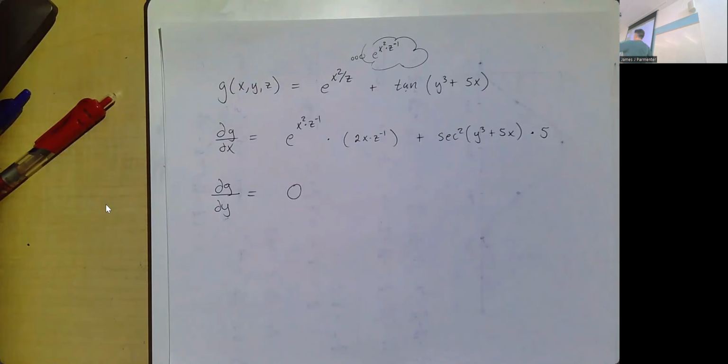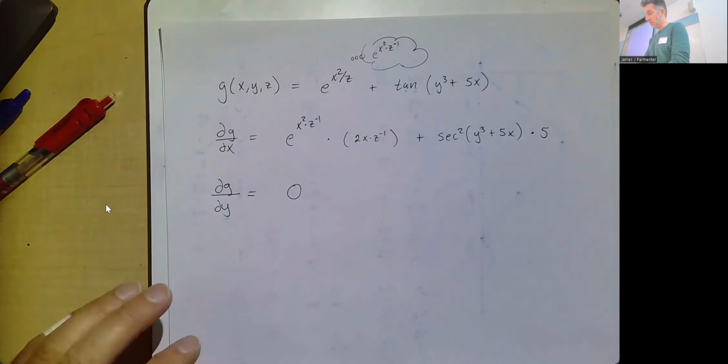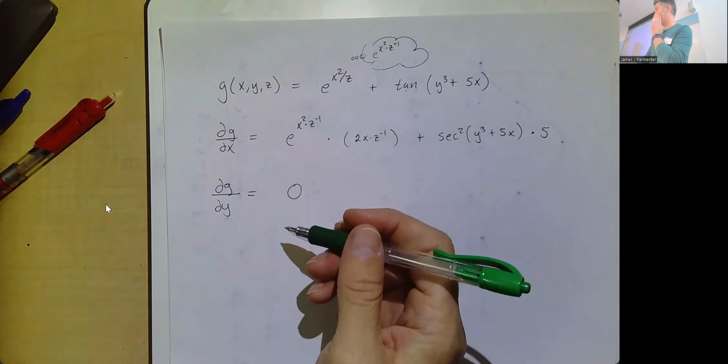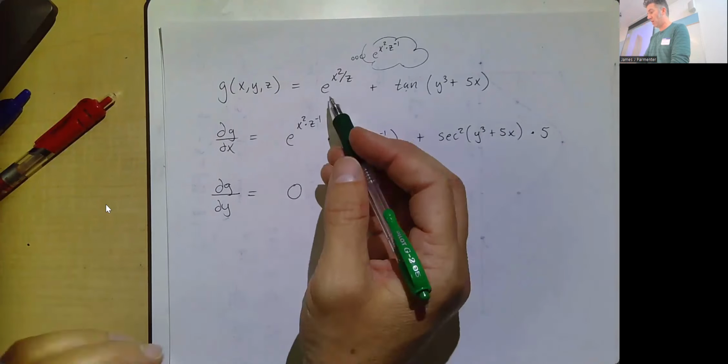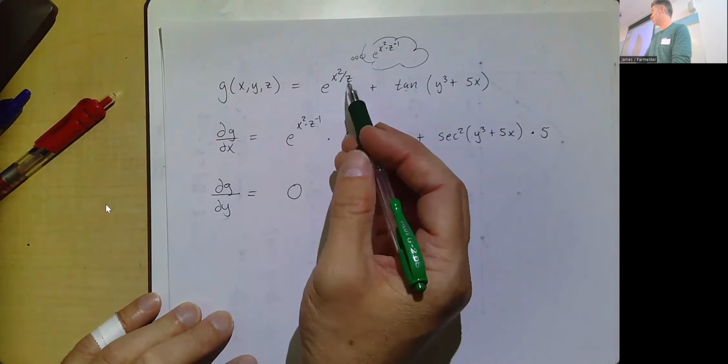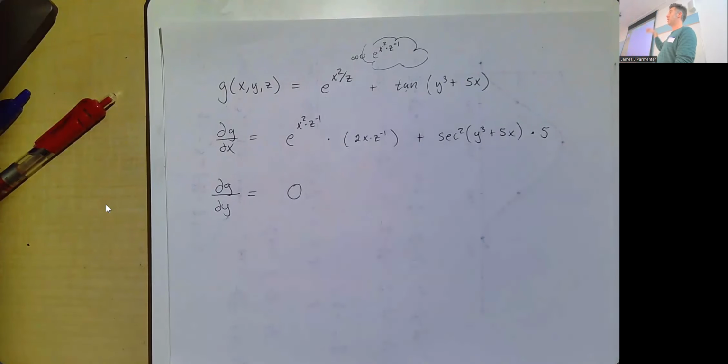Only y is increasing. Nothing else is changing, so e to the x squared over z doesn't change. And if something doesn't change, its rate of change is 0, which means its derivative is 0.